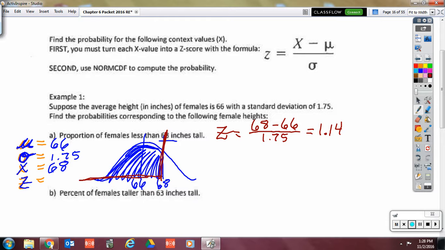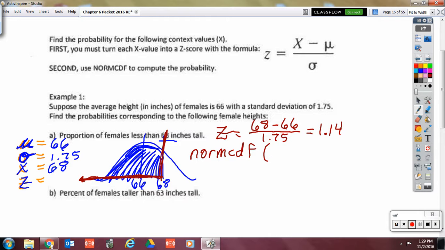All right. So yesterday we learned how to get this shaded area because you have to go from the lower bound to the upper bound. What calculator function did we use to do that? Second vars, and then what? Norm CDF. Good. Because the C gives you the cumulative area. What is the lower bound on this problem?